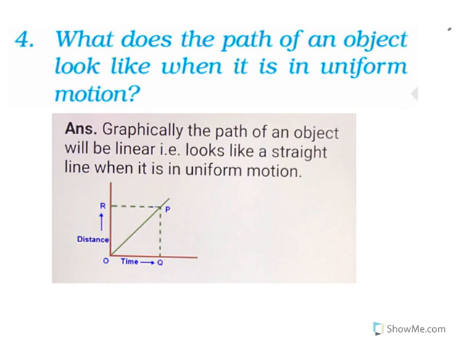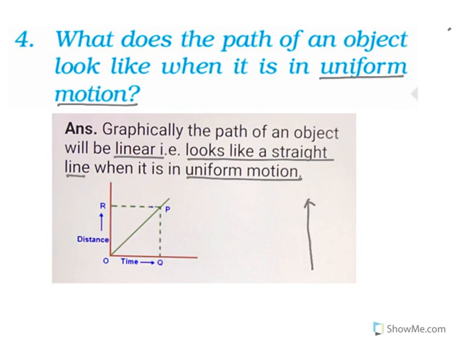What does the path of an object look like when it is in uniform motion? So here is the graph of distance versus time, and graphically the path of an object will be linear. That is, it looks like a straight line when it is in uniform motion.